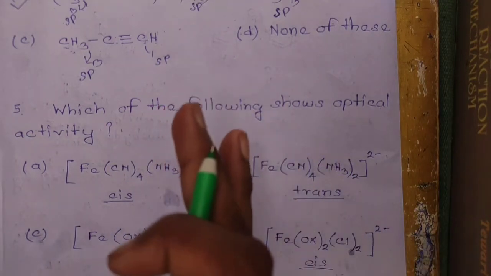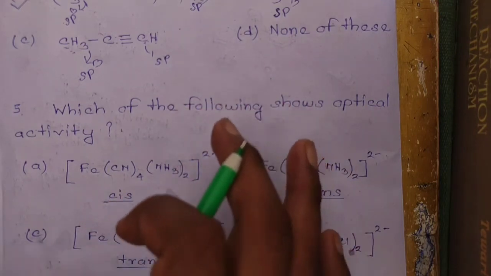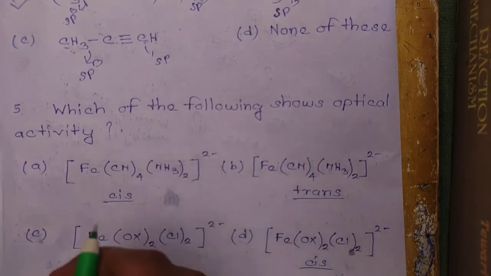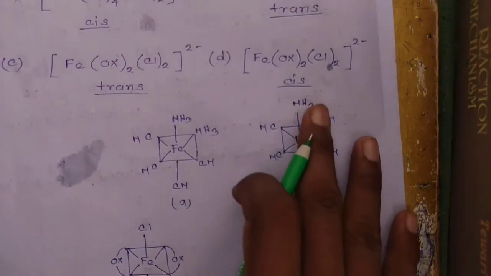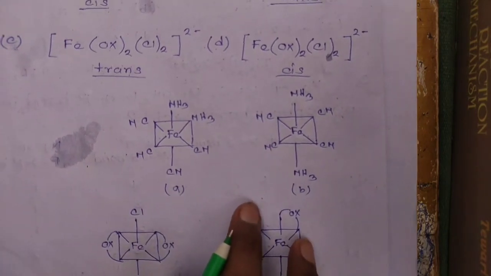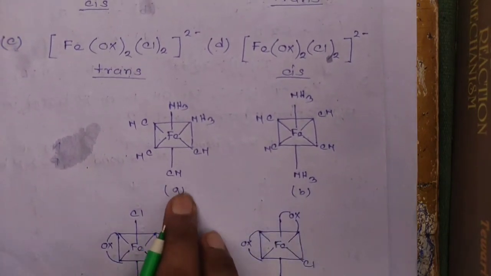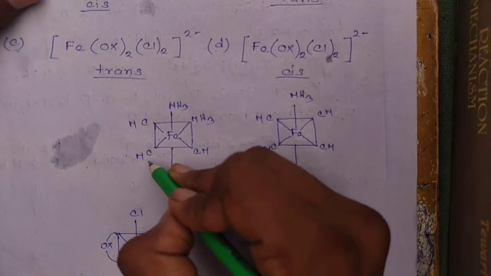But when it does not contain any plane of symmetry, it will be optically active. So we just see our structures very well, A, B, C, D we have drawn, and now in compound A we can see that this contains a plane.